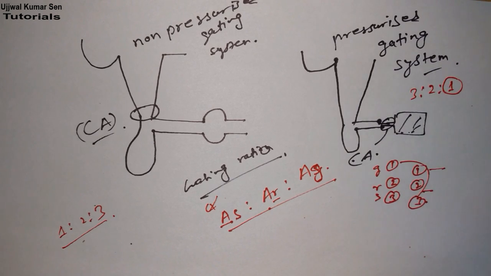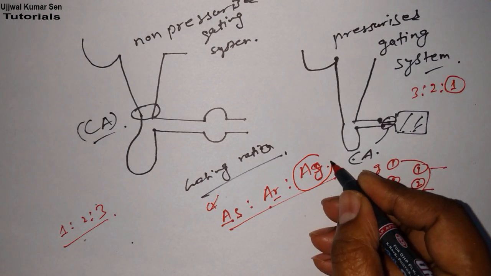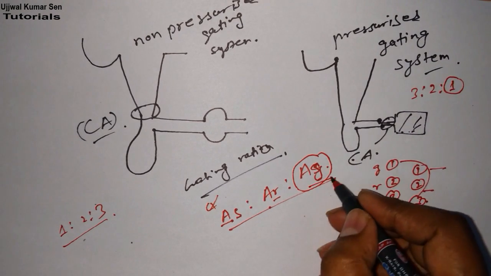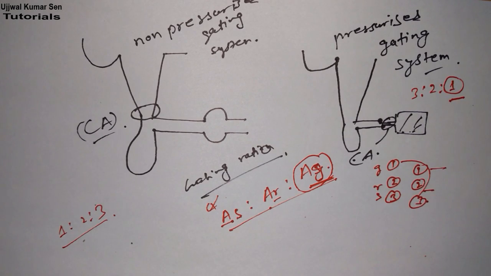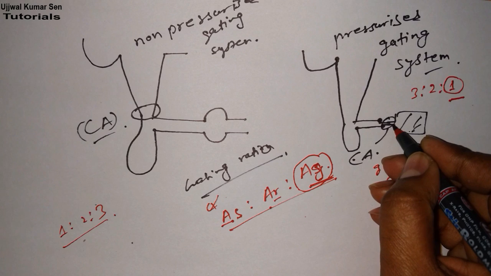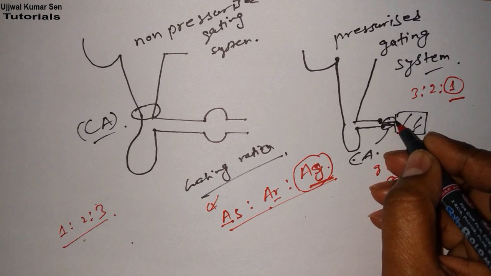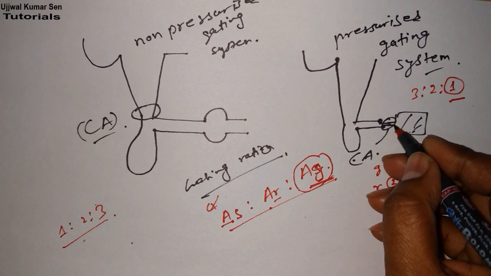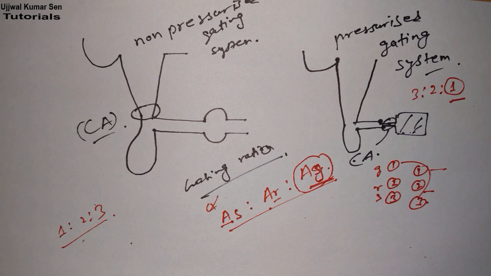That means if the area of the gate in the gating ratio is minimum, this is known as a pressurized gating system. Now think about it here. This is the gate, this is the gate, the choke area is here. I mean, whenever the choke area is near the casting, then that system is known as a pressurized gating system, you can say that also, right?